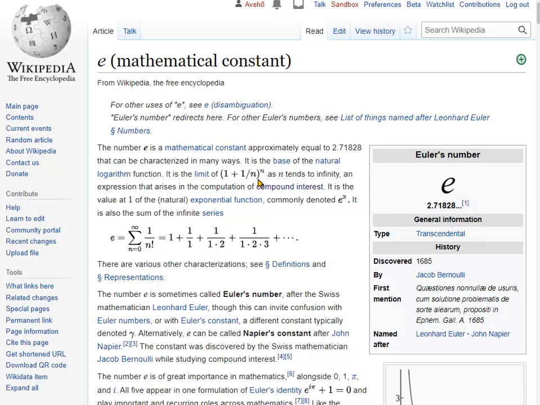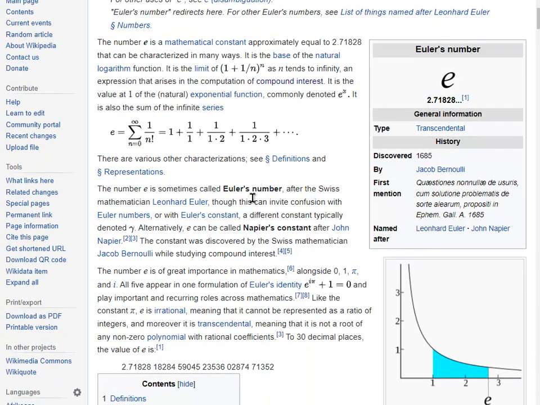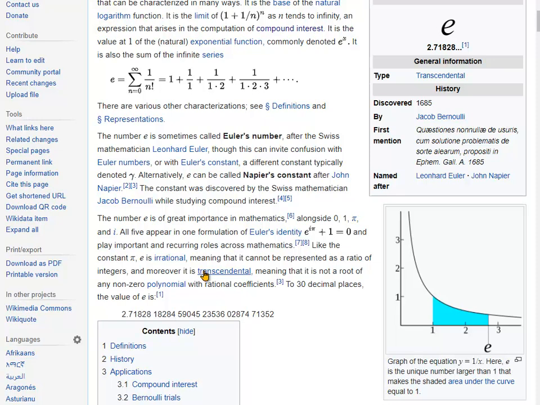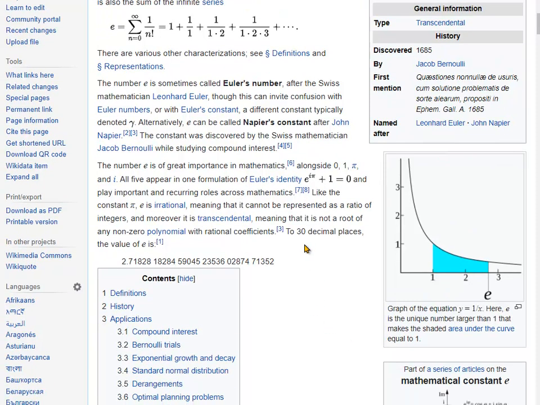And one of the first things it says is, well, this is actually the compound formula. And even though it's called Euler's number or Napier's constant, it was actually discovered by Jacob Bernoulli, who was a Swiss national, actually just like Euler was. And let's see where it says that. Oh, right there. The constant was discovered by the Swiss mathematician Jacob Bernoulli while studying compound interest.